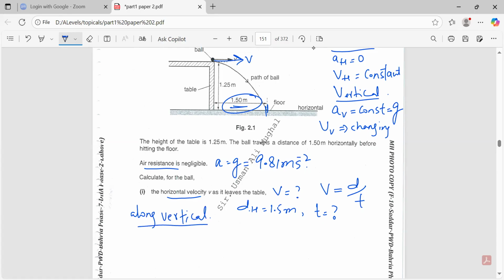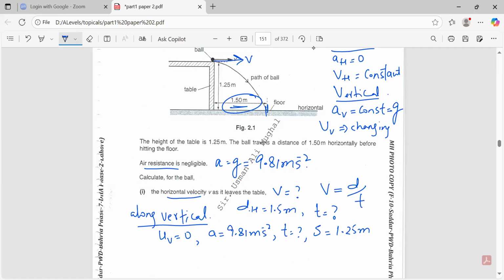Vertically, our initial vertical velocity is zero. When the body is falling, its acceleration is 9.81 meter per second square, and we need to find out the time. The vertical displacement given to us is 1.25 meters. So all this information is provided to us.